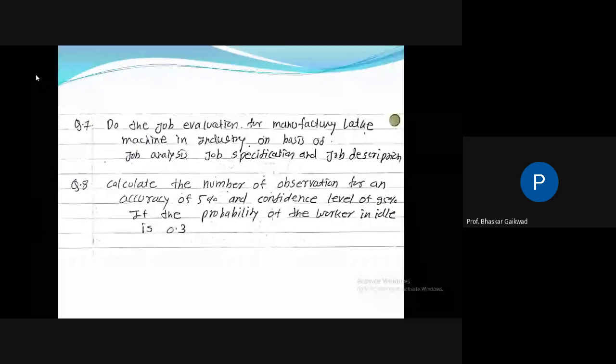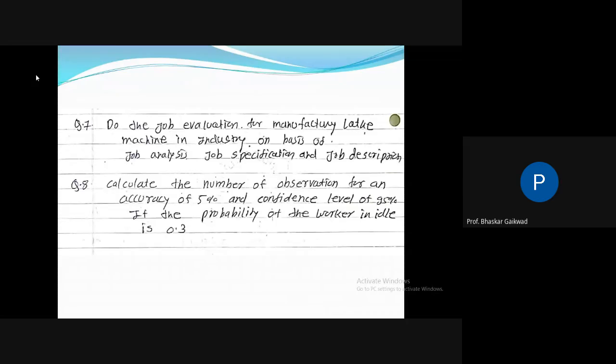What is the specification? Center distance between dead and live center, center height, bed length, type of gearbox, then type of lead screw, apron mechanism. These are the specifications. And job description means one element: what is the dimension and the drawing of the same? Write similar points in this question.